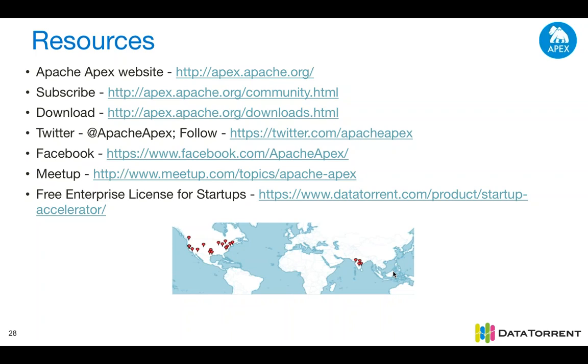So a use case that would be better for Apex than conventional MapReduce or Spark: definitely where you have low latency processing, think about latencies in the order of seconds or milliseconds.